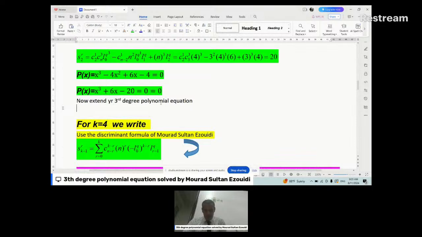Therefore we have this one. Okay, for the roots of this, learners, the roots are like that. The x roots of my new third degree polynomial equation.